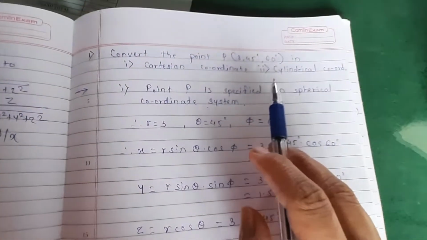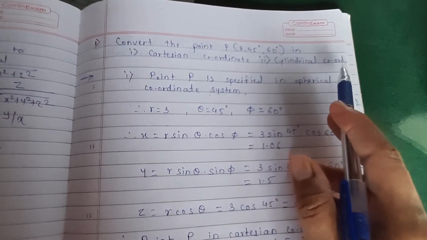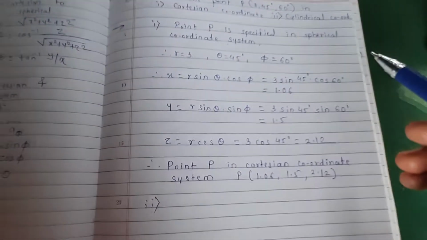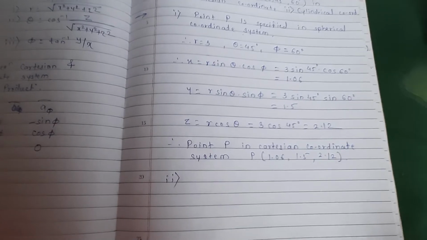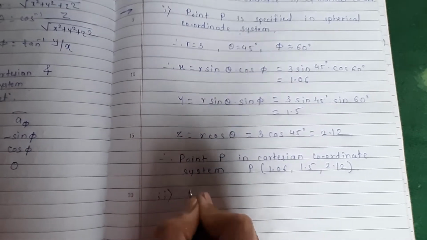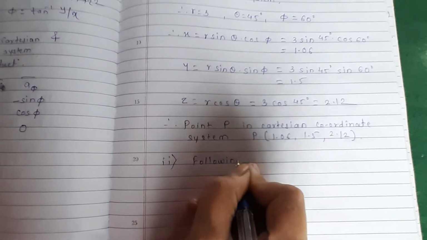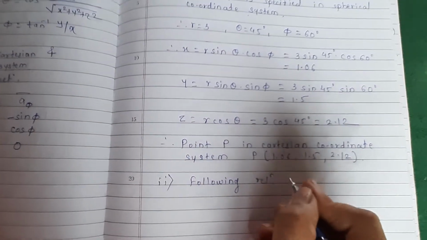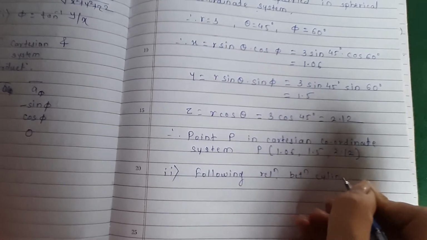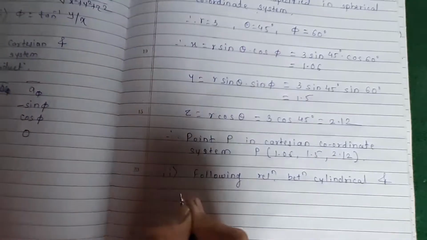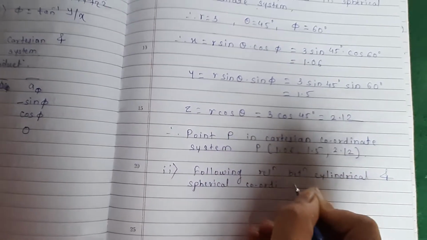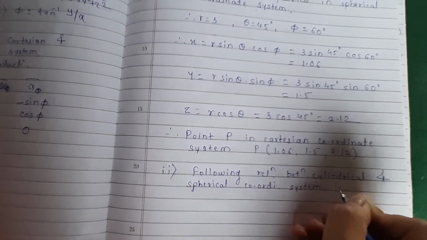Now the next one is the cylindrical coordinate. For that we will use another relation between the cylindrical and spherical coordinate systems.